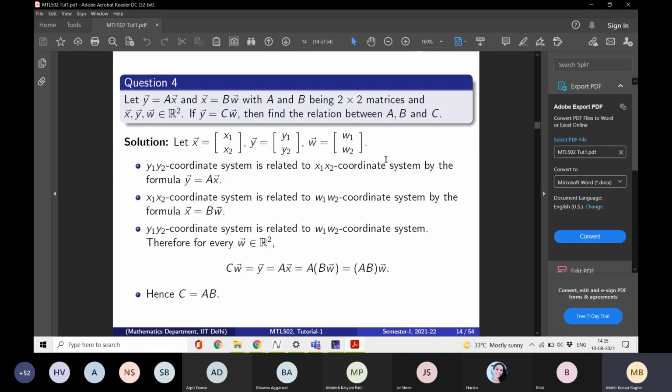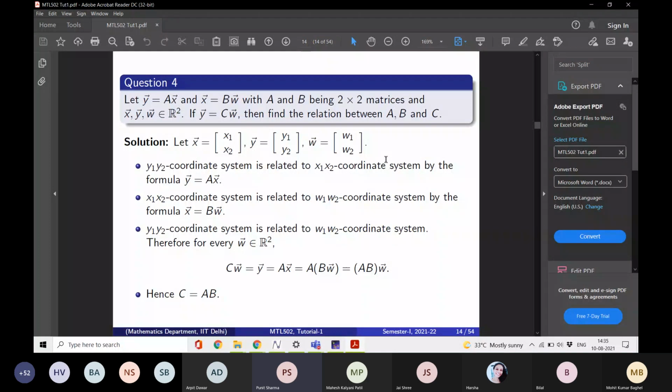Mohit, just one thing I want to point out here. If you look at the last equation, CW equal to ABW, A times B times W. So this is for the students: here C is a matrix and A and B are also matrices.